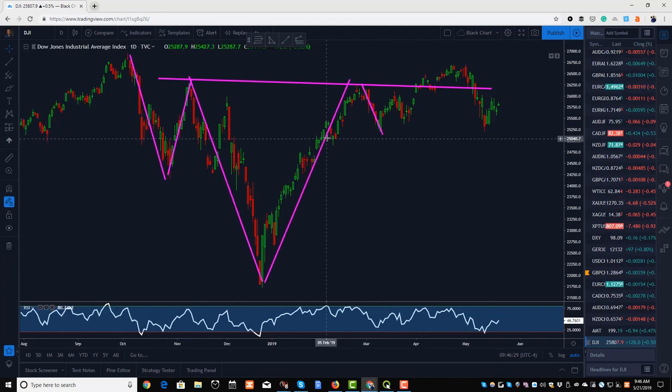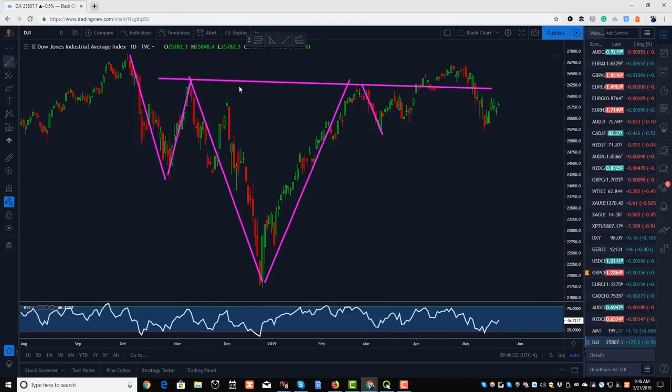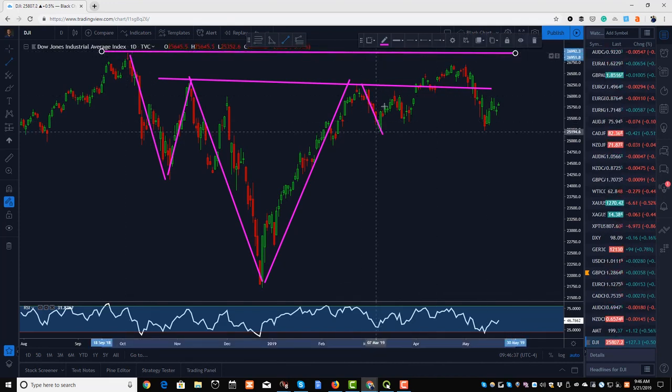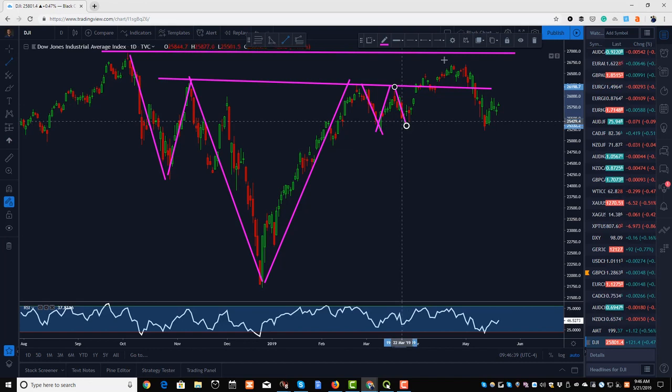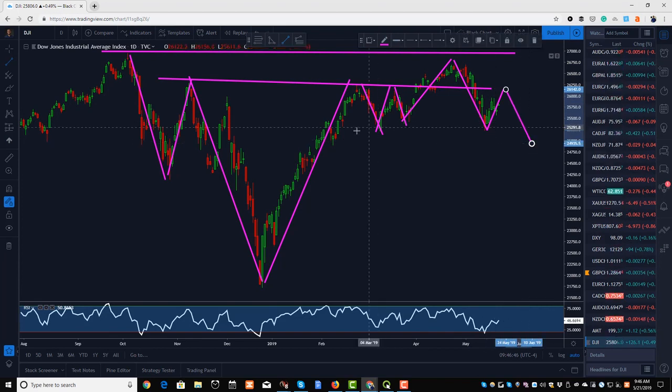So Dow Jones here, interesting, right? Head and shoulders bottom, but right, we have this level of structure up here, and we're also putting in what can be looked at as a head and shoulders top, right? If we pause right here, hold this structure, and come back down. So it'll be interesting to keep an eye on this.